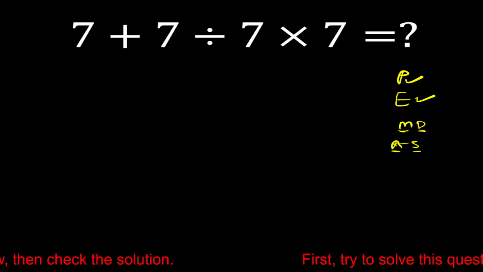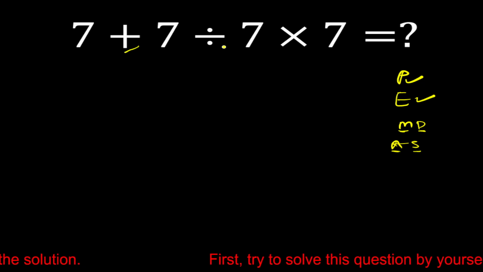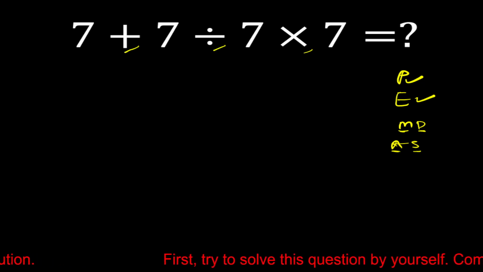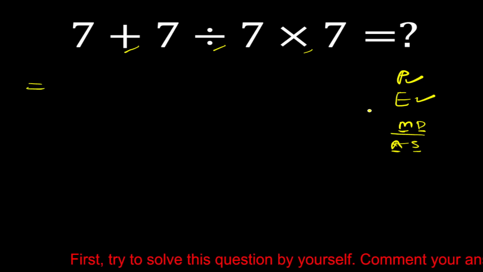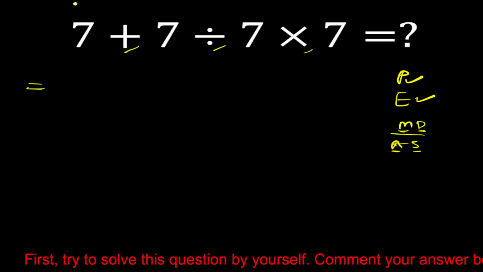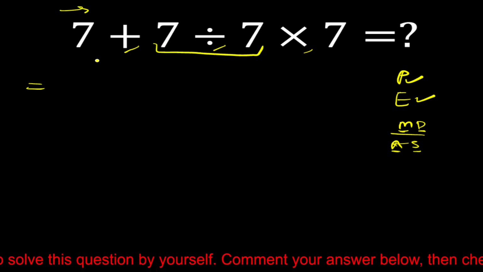Okay. So in this problem, one addition, one division, and one multiplication. So multiplication and division both have equal priority, therefore we have to solve it from left to right. Okay, so first we have to solve this division.